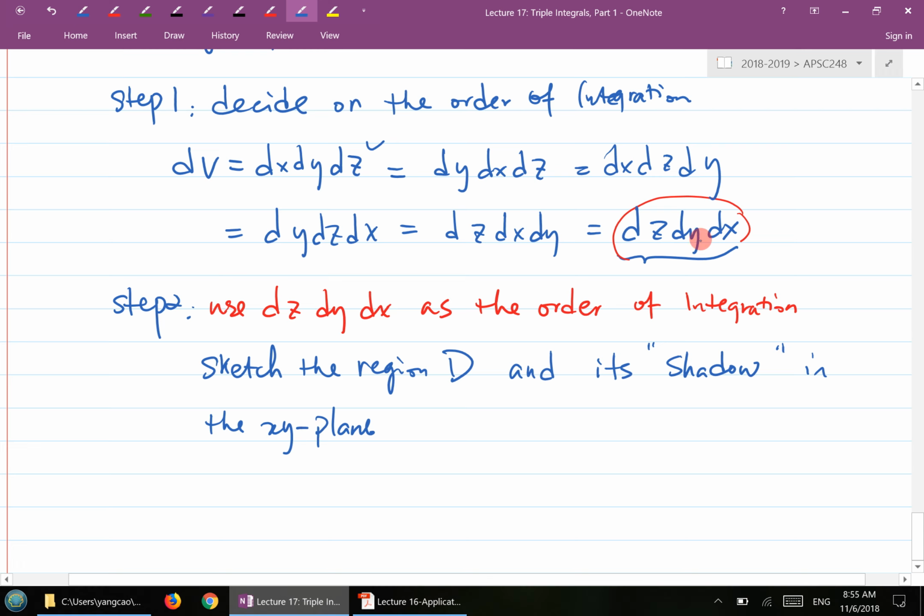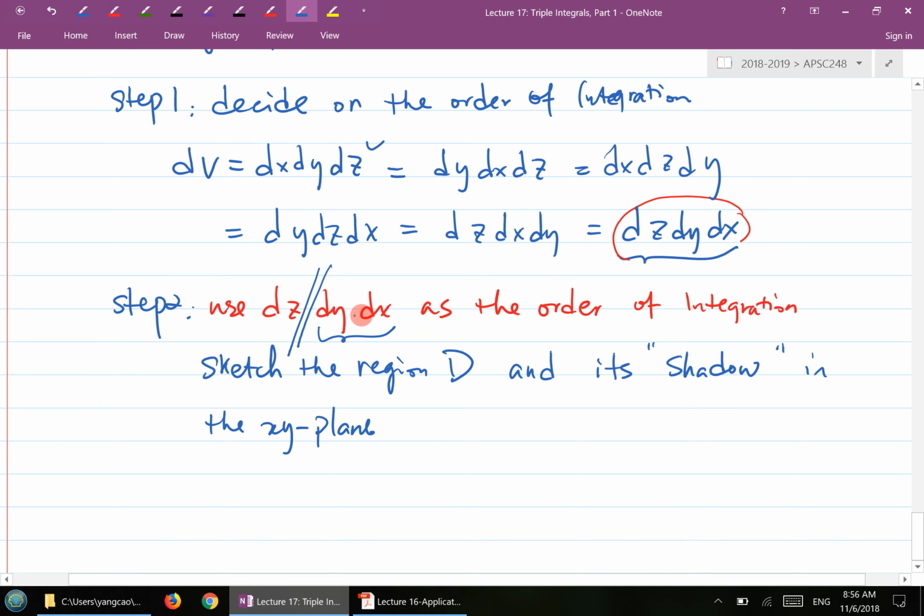As you're going to see next, it's because of the order here. In this case, we're trying to find the limits for z, and then we'll try to find the limits for y and x, right? So if this is the order, you're going to sketch its shadow in the xy plane, because the y and x limits will be found depending on its shadow in the xy plane.